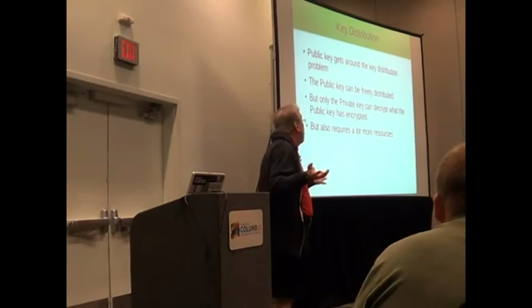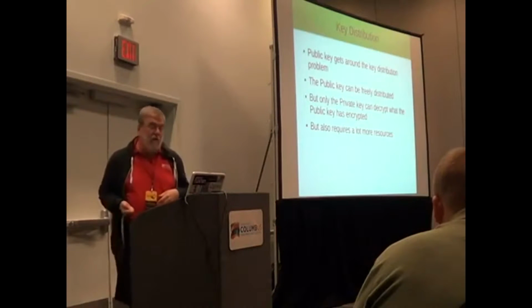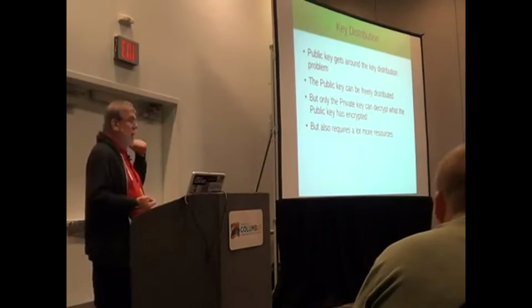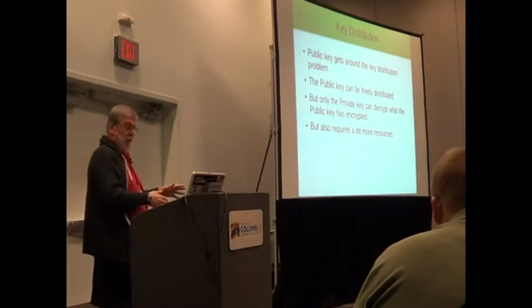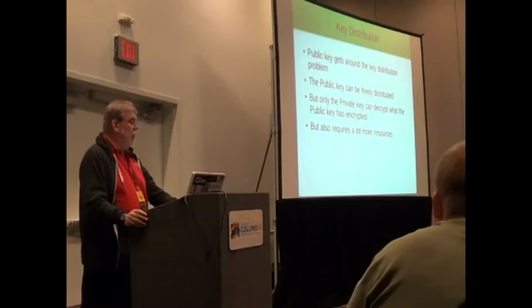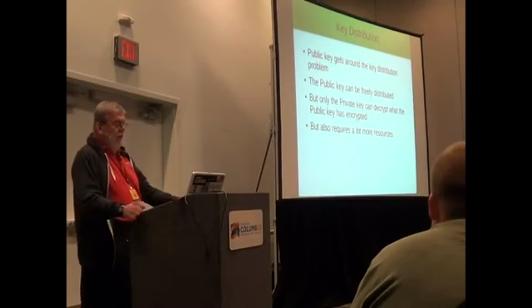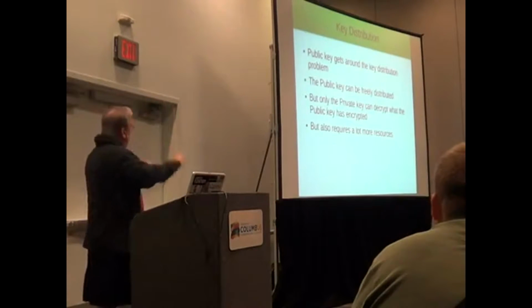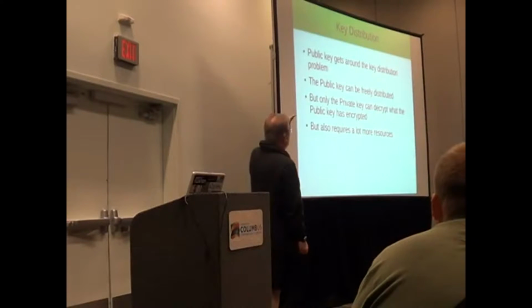No reason it shouldn't be. And a lot of people smarter than me do that. You know, you go to Bruce Schneier's webpage. If you're interested in this stuff, Bruce is someone you really want to follow. And he's got a blog and a newsletter and all of that that I follow religiously. So the public key, you can just hand that out. What you don't want to do is give out the private key.